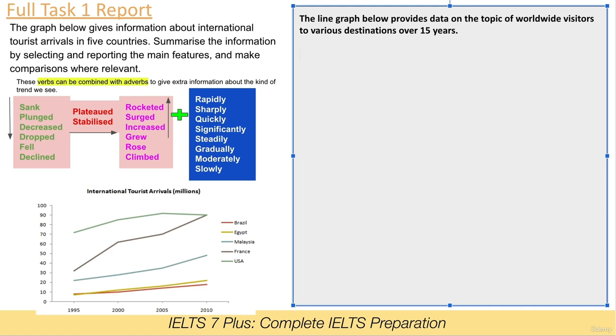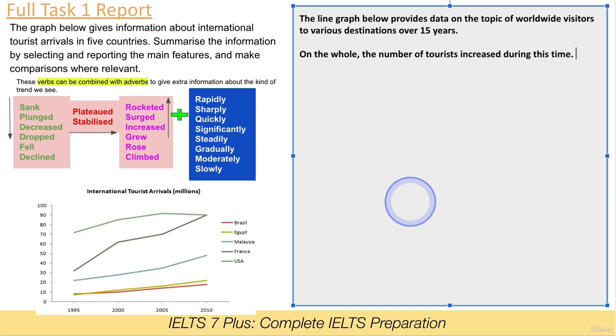So any synonym, equivalent that you like. I'm going to go with on the whole. I like that one. On the whole, and we have this in our plan if you remember. So on the whole, the number of tourists increased during this time. That's the general trend.